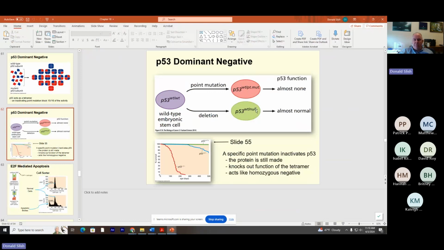If you've got a wild type and a null, which means a gene that's not working at all, you're still making normal P53 with the wild type gene, so you're almost normal. Here, this is a little bit less good because somewhere in here you're going to lose that second copy of P53. But with the mutant, it's as if you don't have any P53 at all.